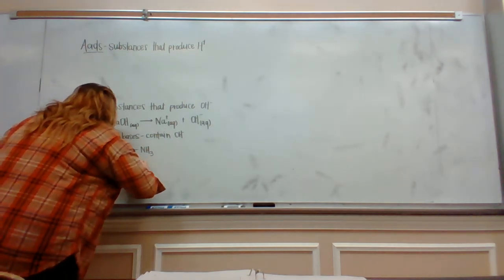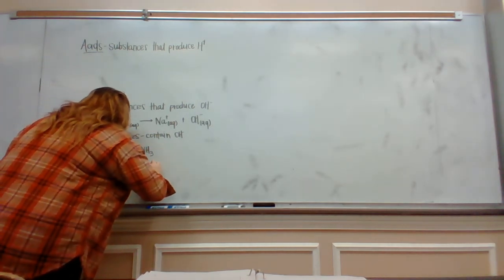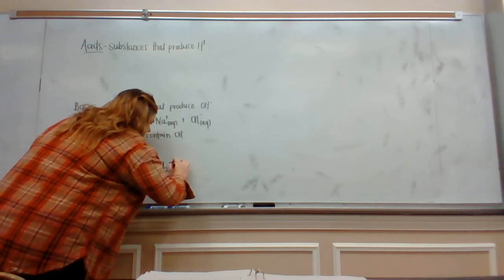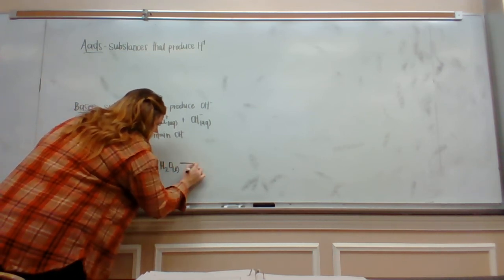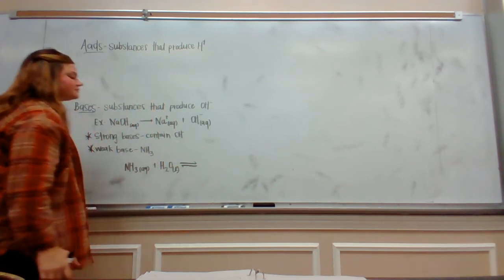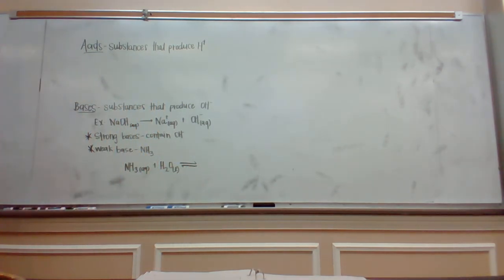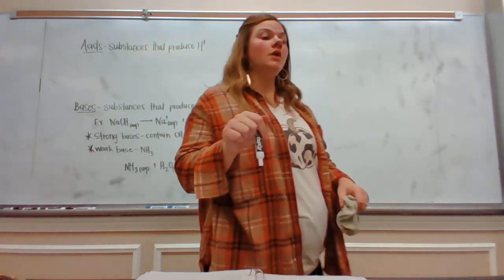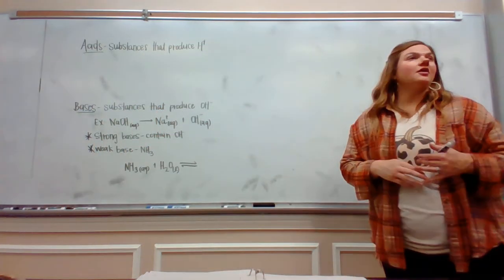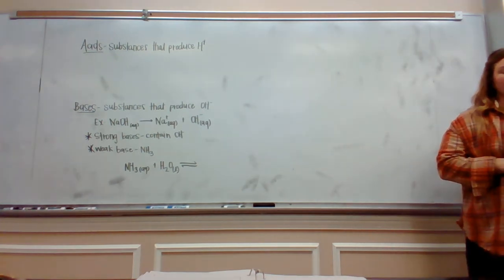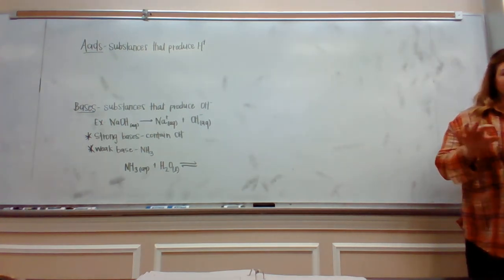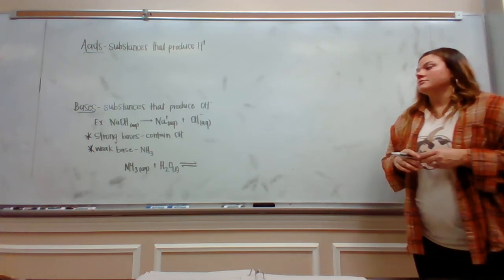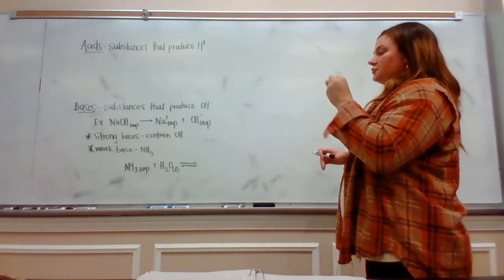So if I were to put NH3 in water, because it is weak, I use this double arrow because it doesn't completely dissociate. I mentioned that when we first started talking about this chapter. So it doesn't dissociate 100%.